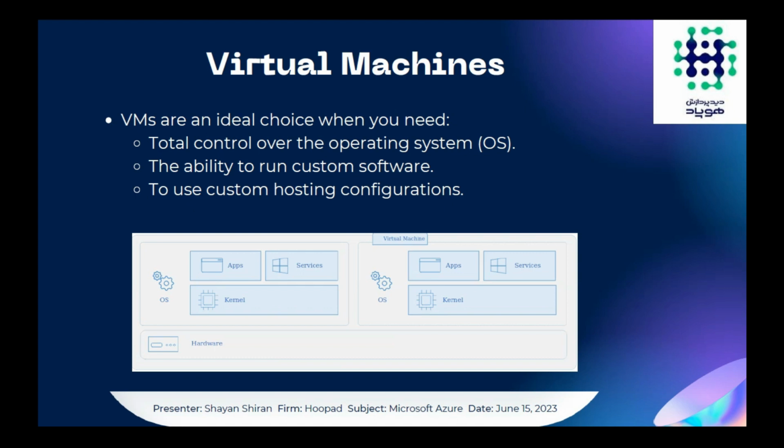And as you can see in this picture, we have a virtual machine. It just uses the physical hardware of a device, for example. And it has its own OS, its own apps, services, kernel. The reason that I brought this picture here is because they have a huge difference with containers.